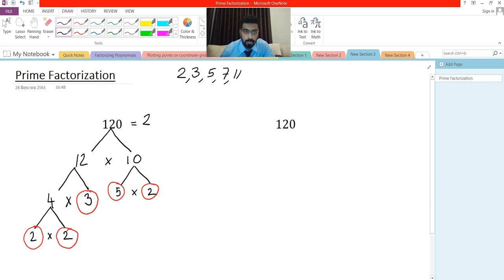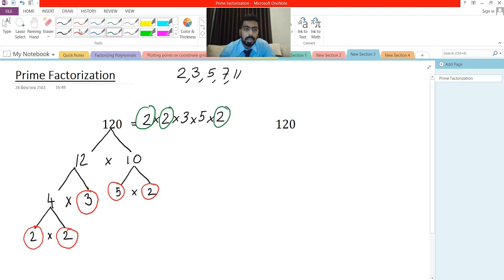So we have 2 multiplied by 2 multiplied by 3 multiplied by 5 multiplied by 2. So what do we have? We have a product of prime numbers. Okay, guys, we have finished it. Now we see that there are 3 twos here: we have 1, we have 2, we have 3.